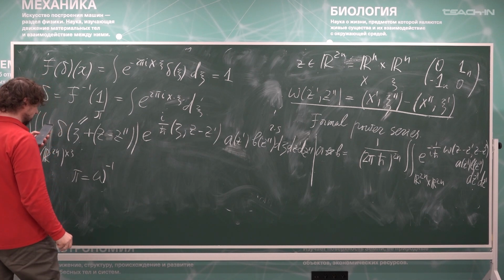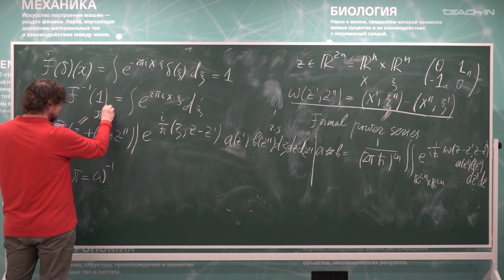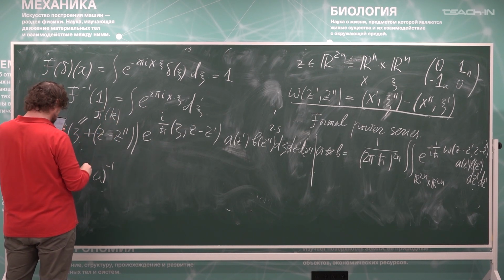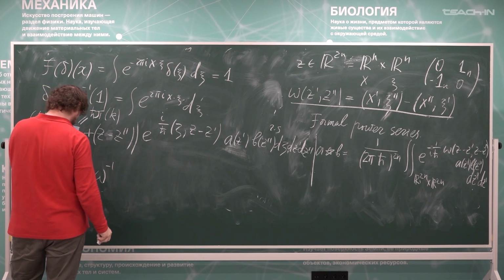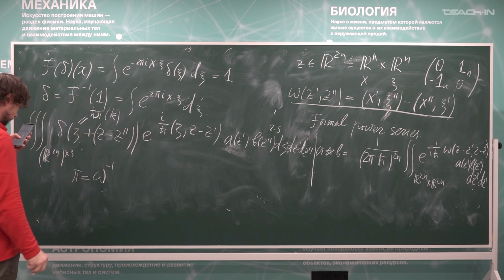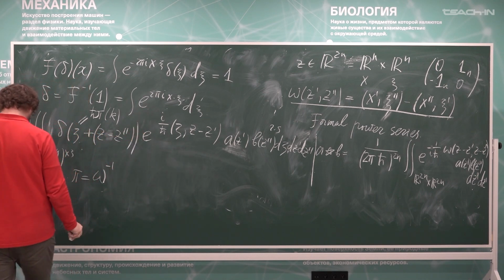And now denote zeta by pi times k times h bar. And I replace the delta function eventually by this formula.